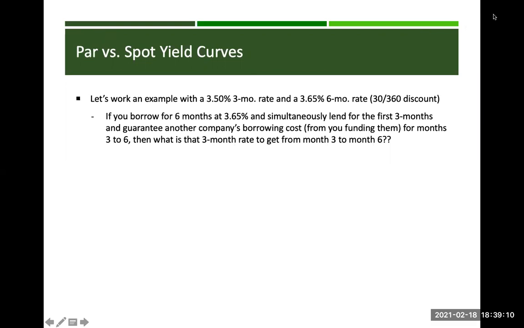So this is a fundamental part of fixed income markets and foreign exchange markets. On the left-hand side of this equation, I have my 6-month borrowing. On the right-hand side of my equation, I have my 3-month lending for the first 3 months. Then I have my 3-month lending for the second set of 3 months.